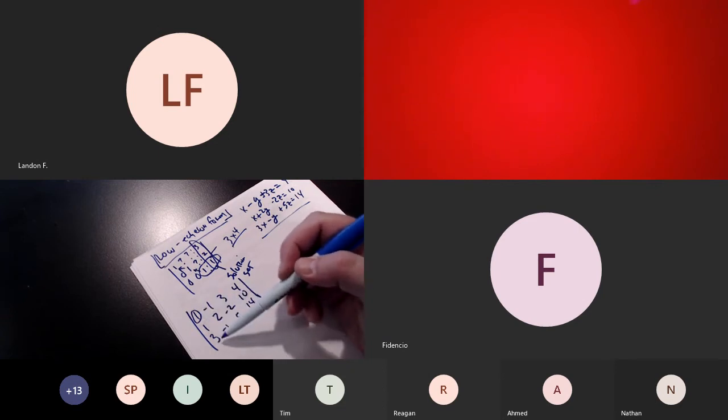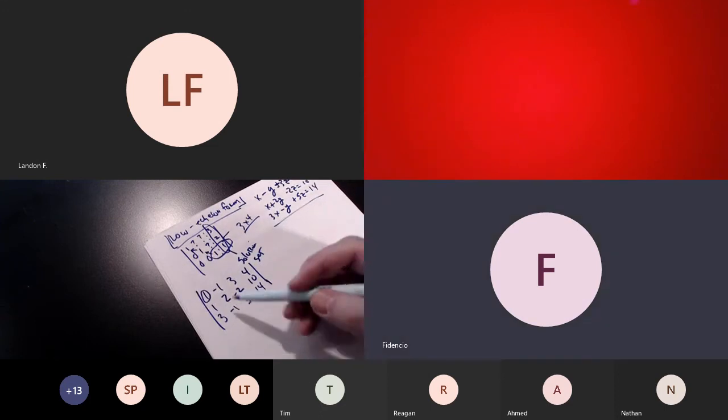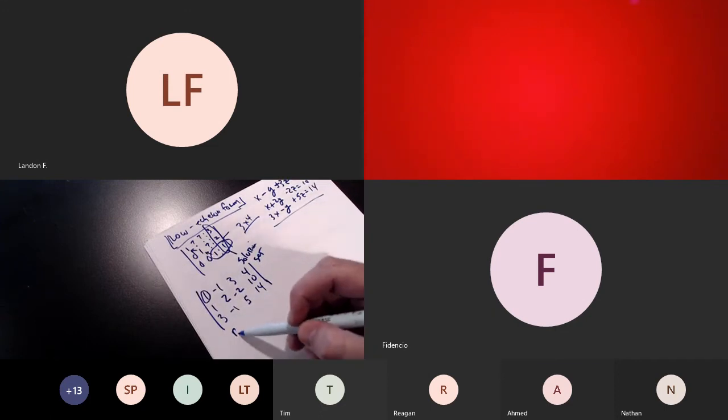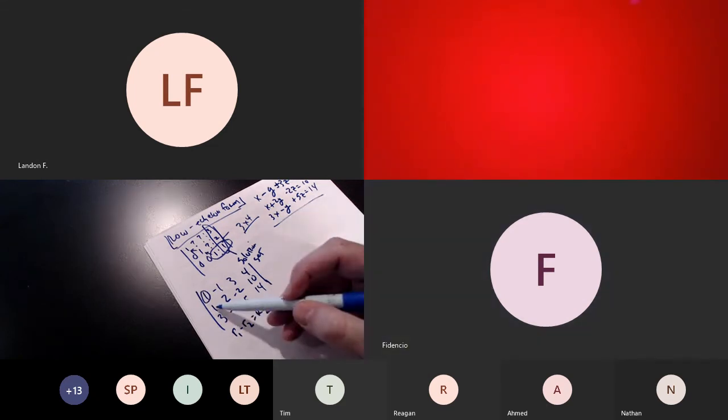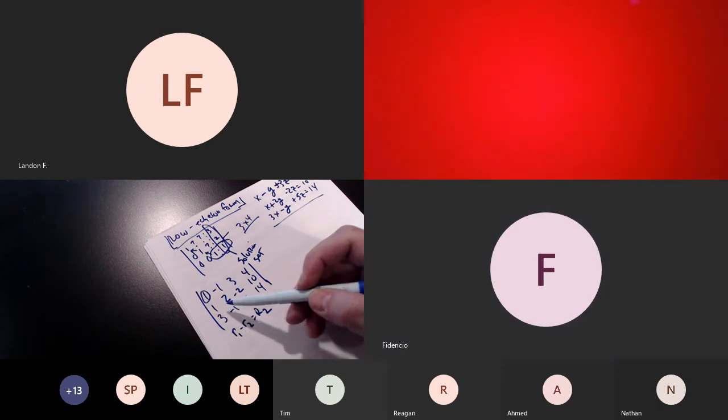So you're going to kind of work in columns. We're going to eliminate the x's. Hopefully you can see that if I take row 1 and subtract row 2, and put the result in row 2, that will put a 0 right here. Does that make sense? Okay.